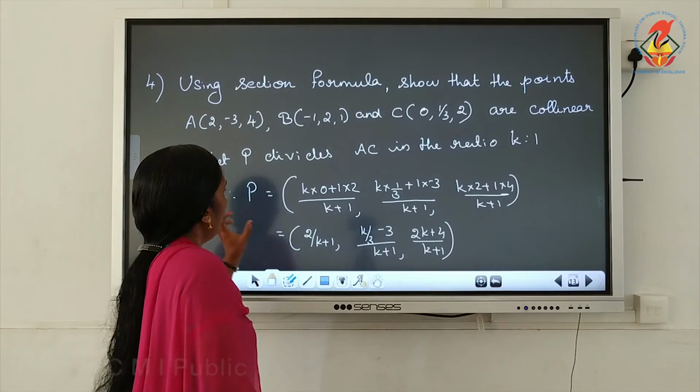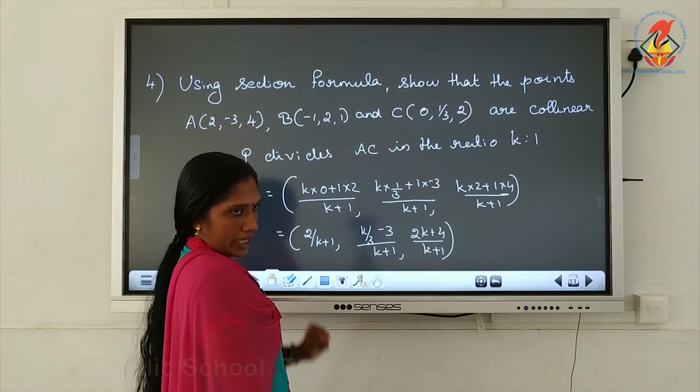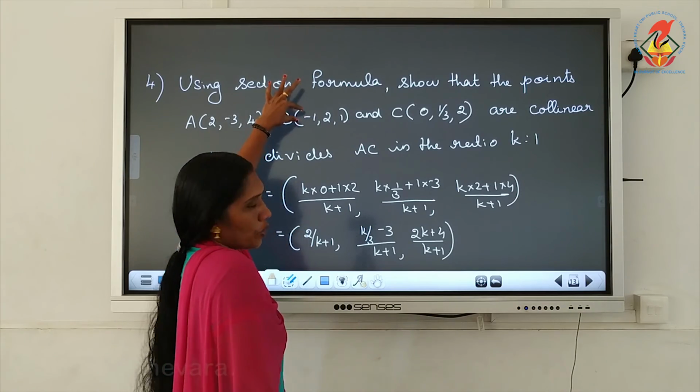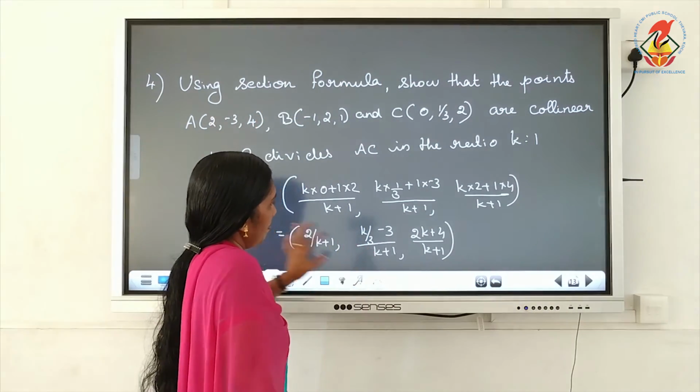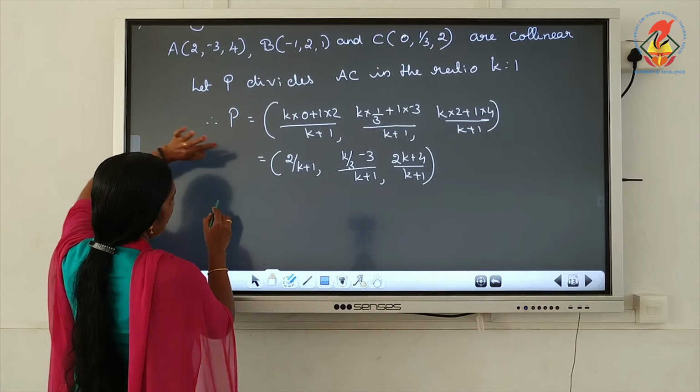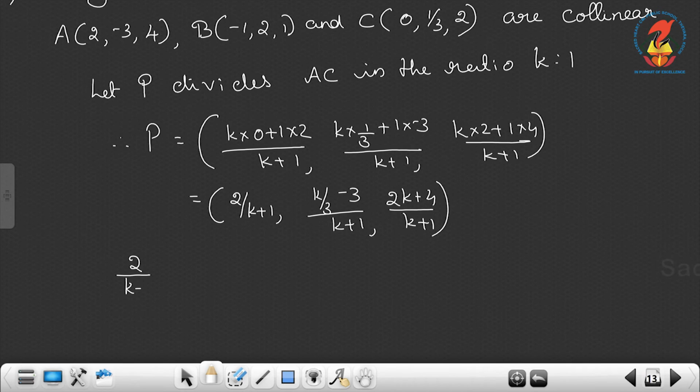So for proving P and B coincide, we take the first coordinate and equate it to the first coordinate of B. So to prove B and P coincide, you have to take 2 by k plus 1 is equal to minus 1. X coordinate equal to x coordinate, or you can equate second coordinates or third coordinates. Which implies 2 is equal to minus k minus 1, or k is equal to minus 3.